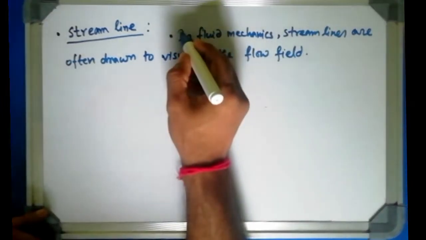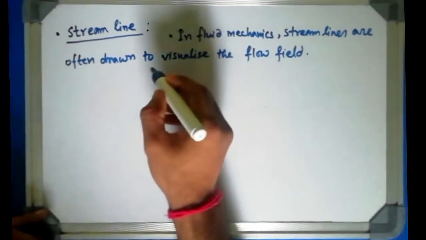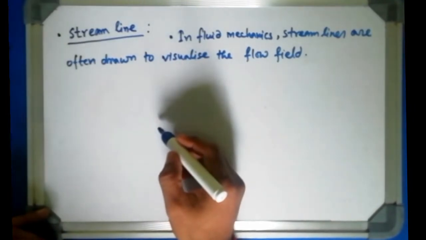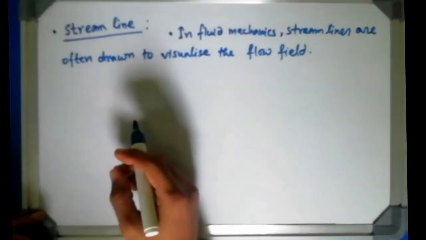That can be cleared if we can draw the streamlines. So how can it be drawn?